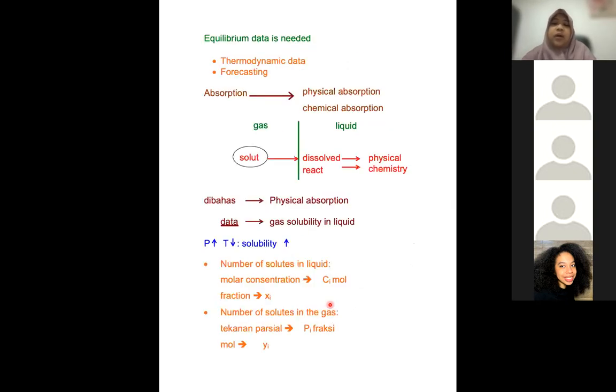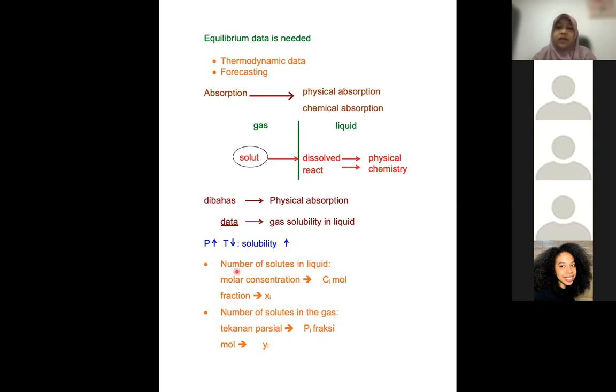All right, so back to here. For gas solubility in liquid, if we increase the pressure and also lower the temperature, the solubility is also increasing. For example, for the Coke here, if you have a lower temperature, it's like Kevin said, the fizziness is there, which means the solubility of the gas has increased.